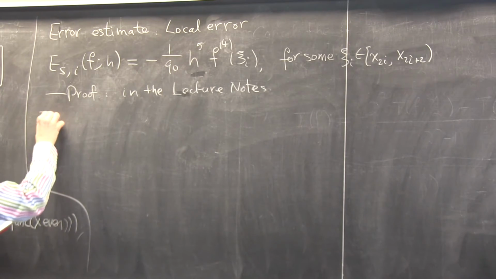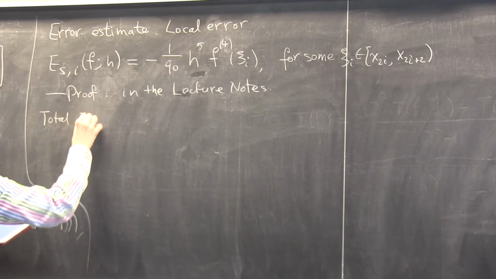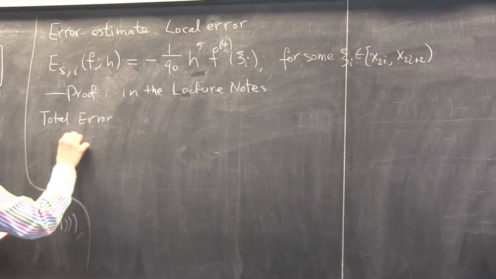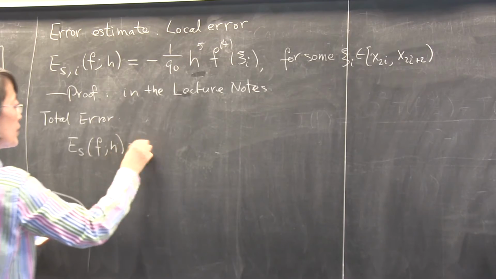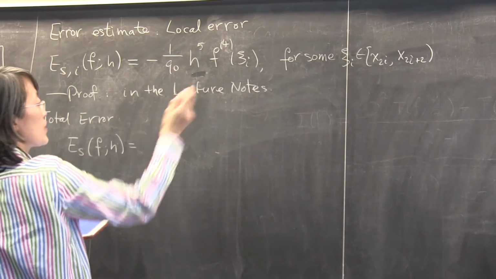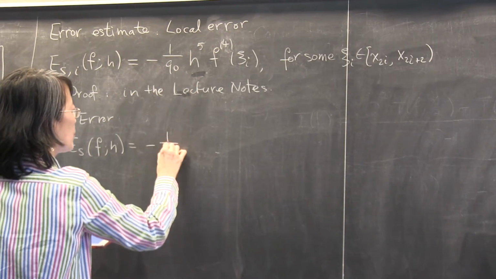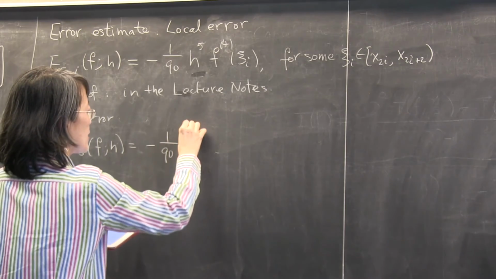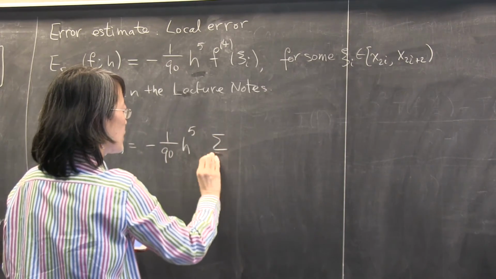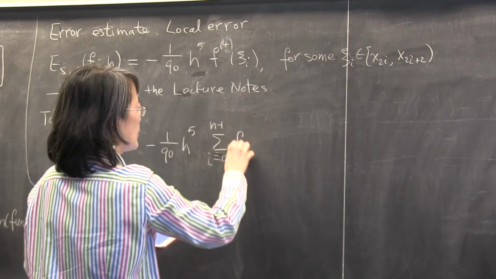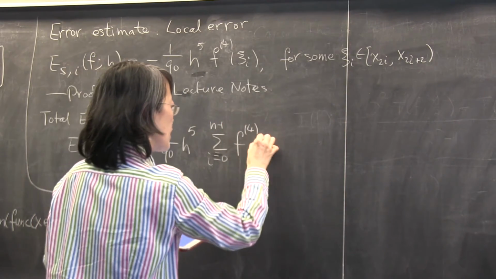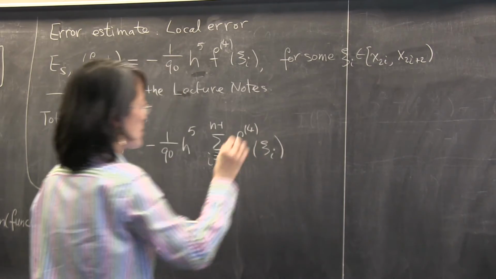So let's look at the total error by using this. The total error for Simpson's rule is nothing but the sum of this over all i. I'm going to play the same trick as we did. It's not so miraculous anymore because I played it last time.